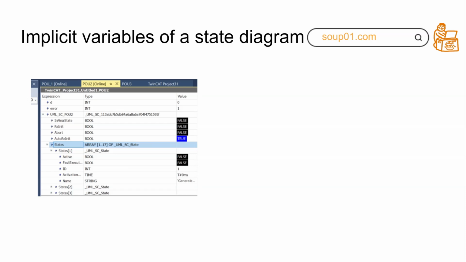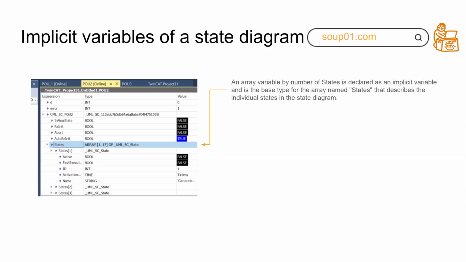So let's go a little through the state variables. Here you can see a variable by number of states is declared as an implicit variable, and it's the base type of the variable named state, describing each state in your StateChart diagram.